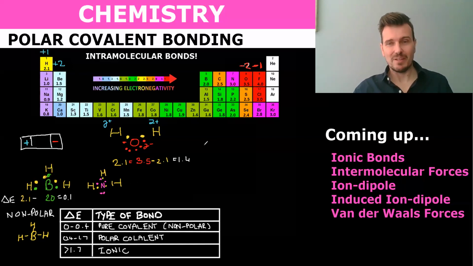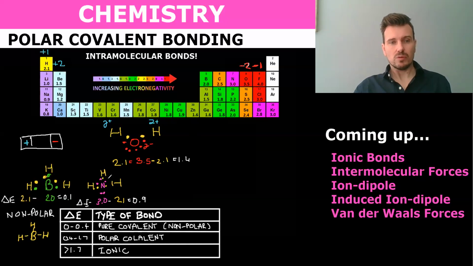Right, so N is 3, and hydrogen is 2.1. When we subtract them to get our change in E, which is our difference in electronegativity, we see 0.9, which falls into the polar covalent category.